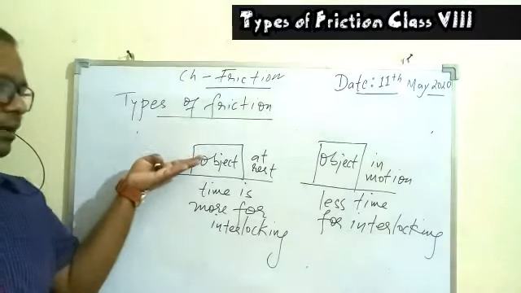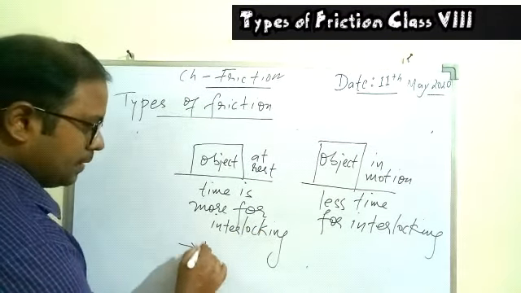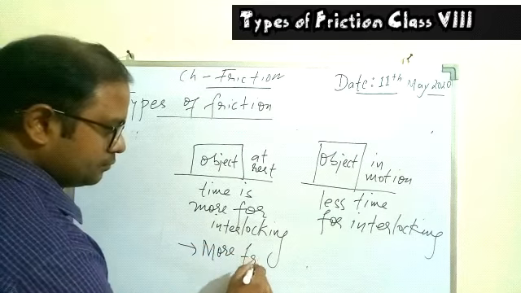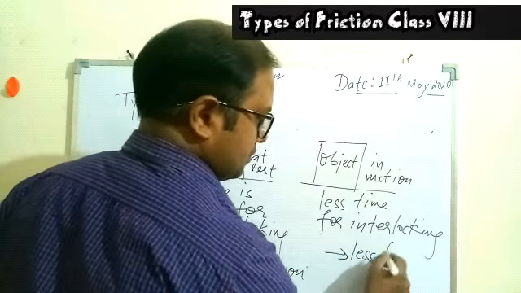Yes or no? So it will get more time to get interlocked, it will get less time to interlock. So it is understood it will have more friction, it will have less friction.